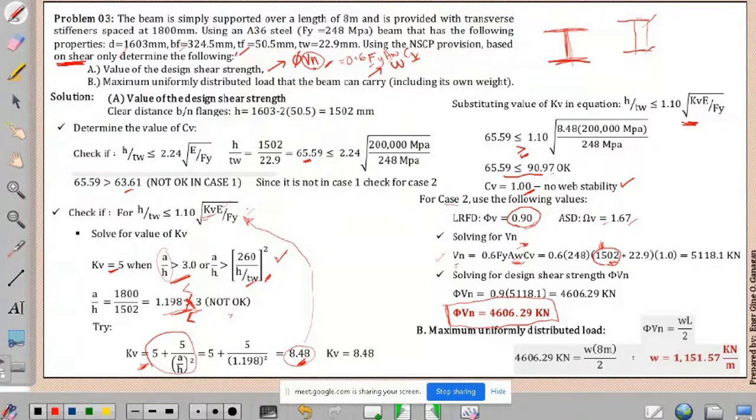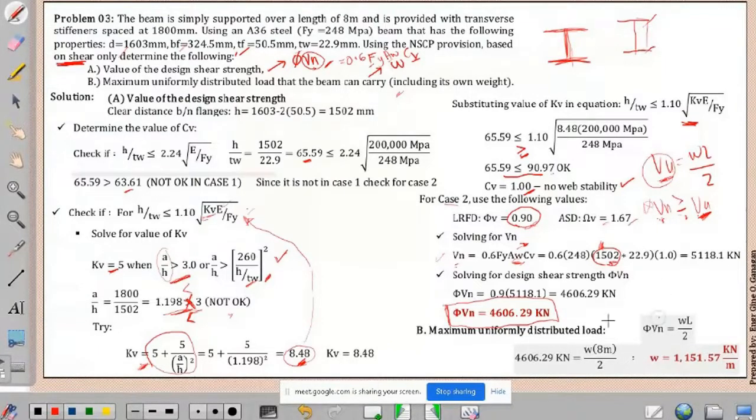For letter B, what is the uniform distributed load? Our maximum VU is equal to WL over 2. Our VU should be less than or equal to the design shear strength, so here it can be equal to our design shear strength.